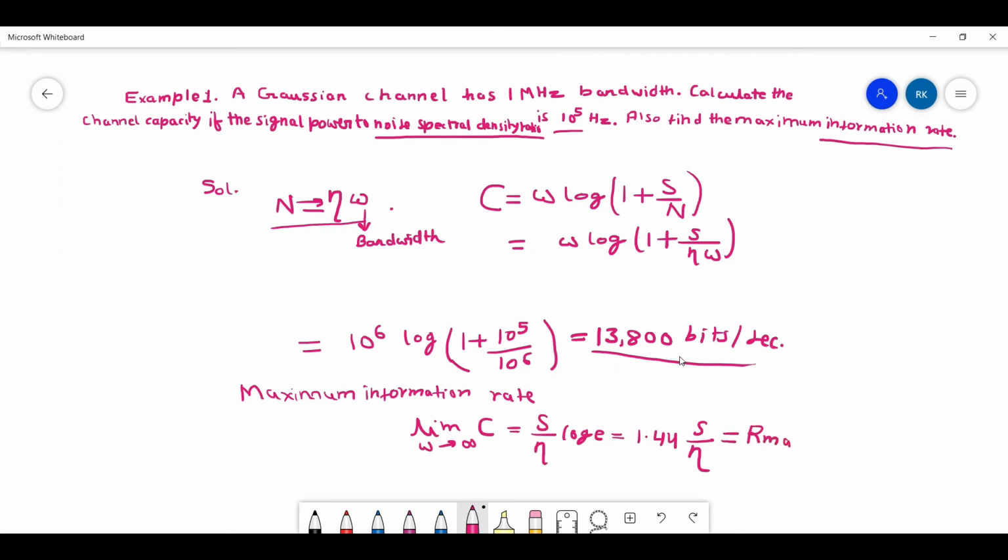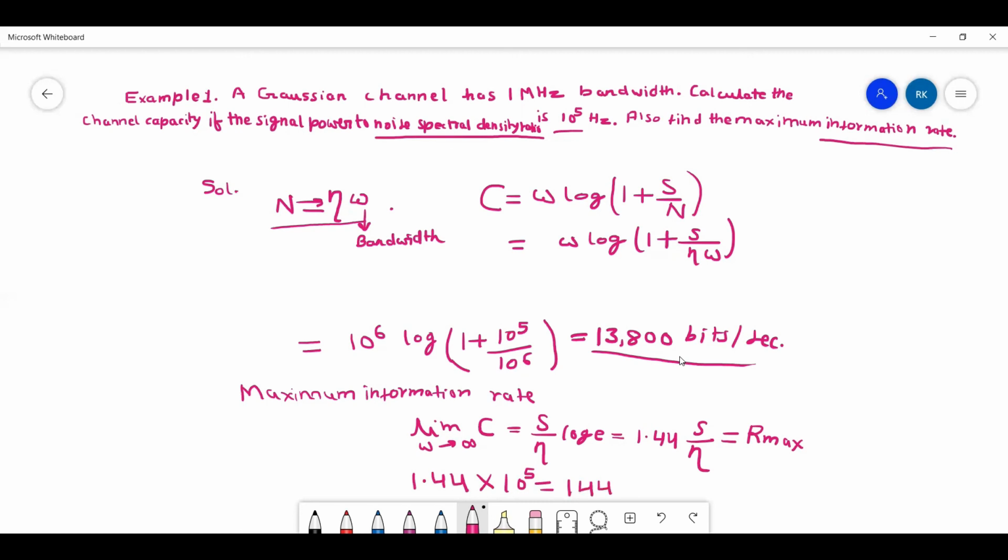That is the maximum information rate that we had derived in the last lecture. So going by this relation, the maximum information rate can be obtained as 1.44 into 10 raised to power 5, because this value 10 raised to power 5 hertz is the ratio of signal power to noise spectral density, and this answer will also come in terms of bits per second.